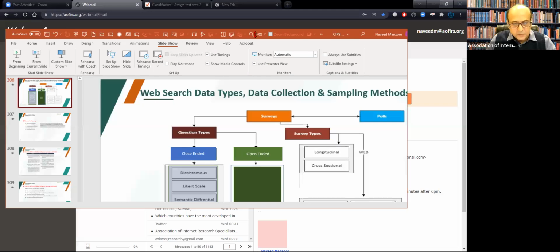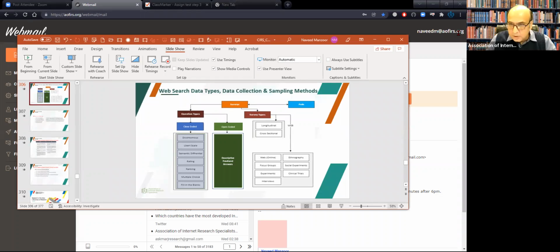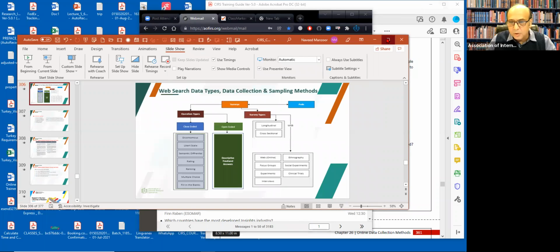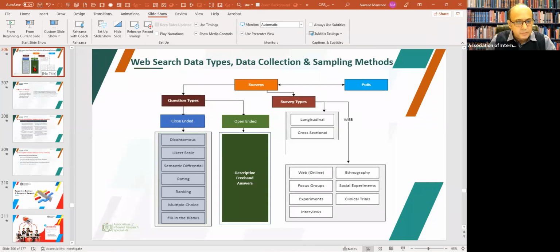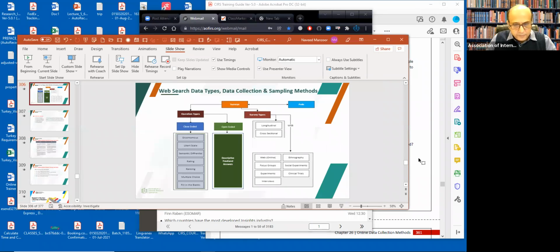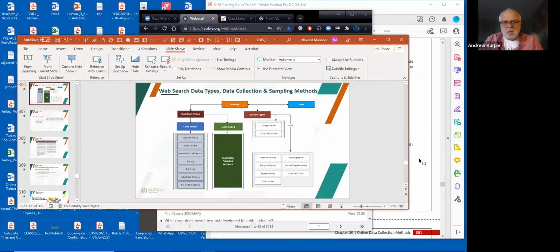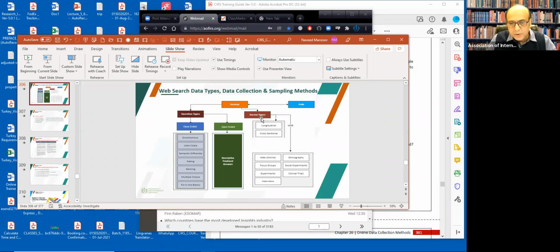But the longitudinal questions generally are the ones that pertain to or are described earlier, at the planning stage. It is fixated on a problem or an issue that you know of. Those are survey types, right? Survey types, not question types. Yeah, these are survey types right here.